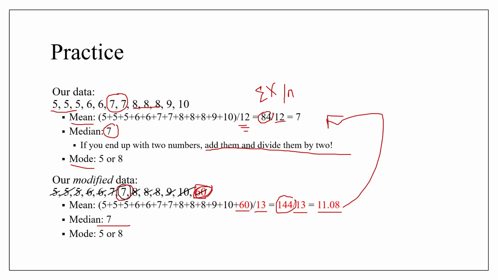This is showing us why, when we have skew distributions, the mean is not going to be the best measure of a typical score. Again, typically, if we have a normal or symmetrical distribution, which has a shape like this, remember, this is when we can draw a line in the middle and have mirror images of the sides.